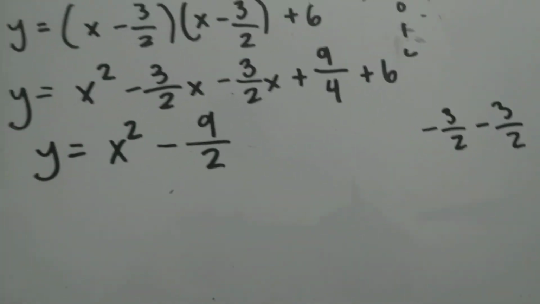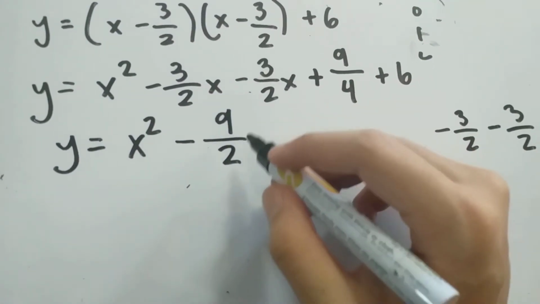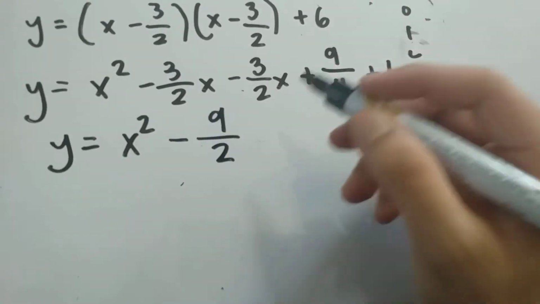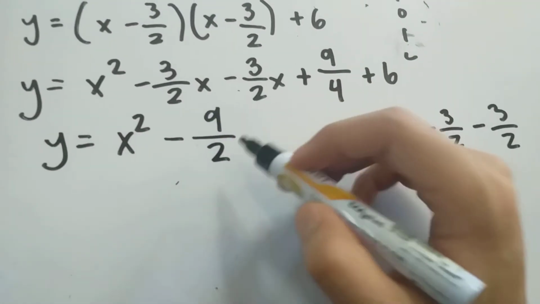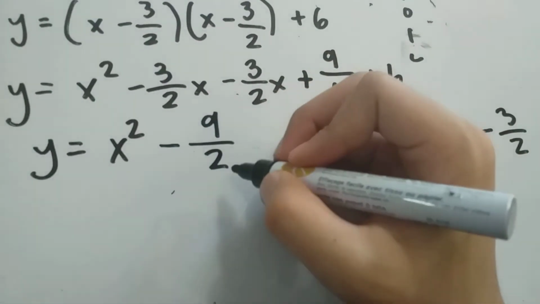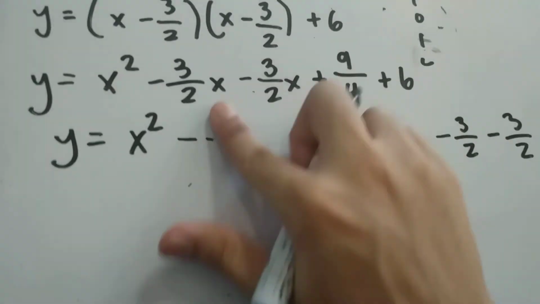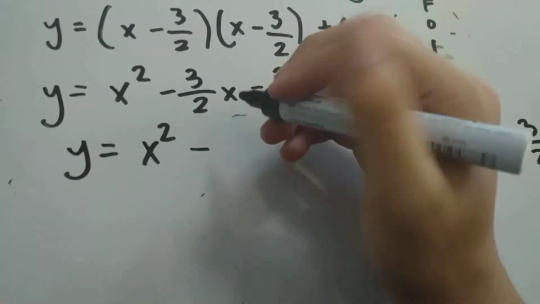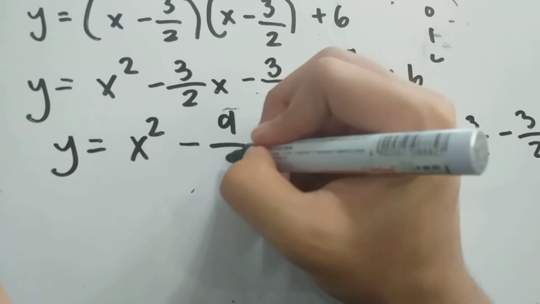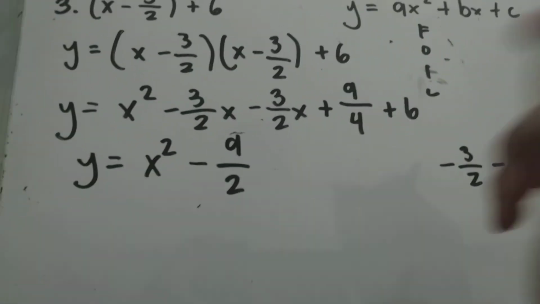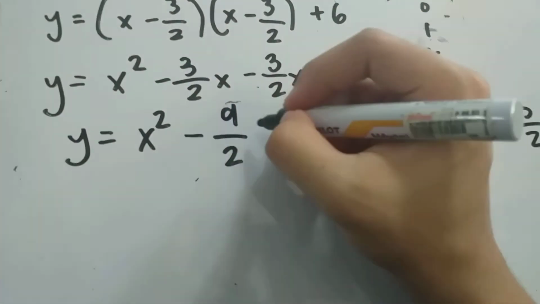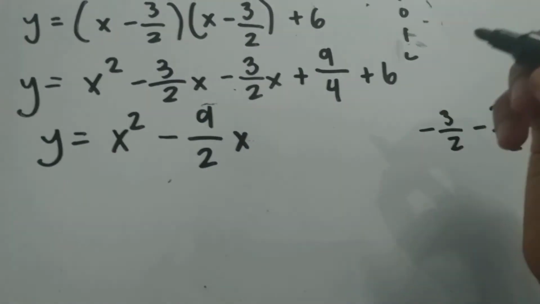If you can simplify the fraction, simplify it. Actually, you can't simplify that fraction, so this is your x coefficient.